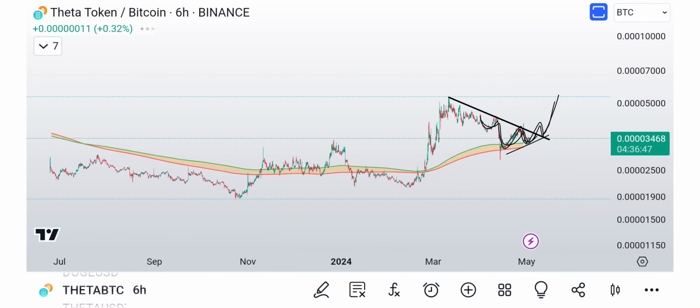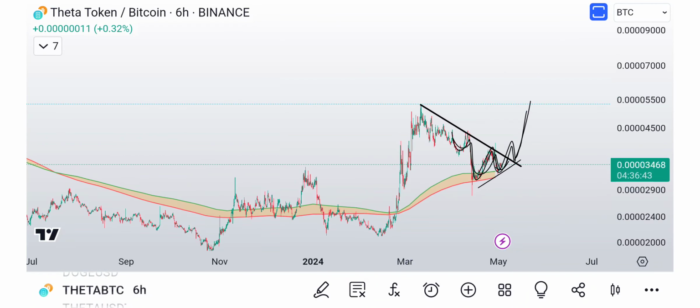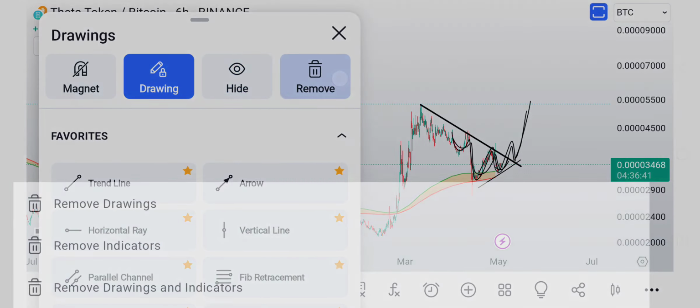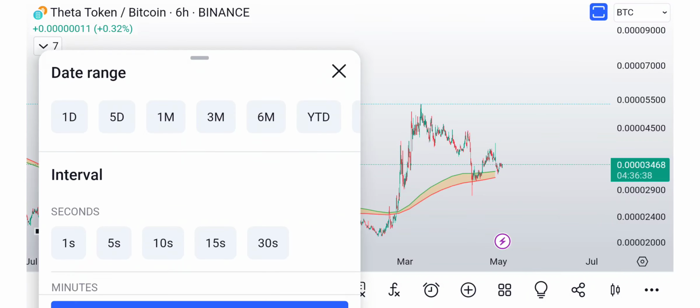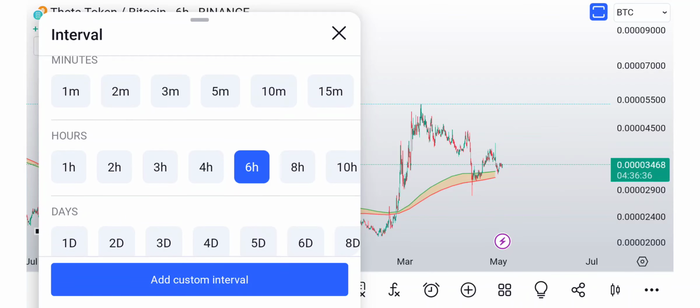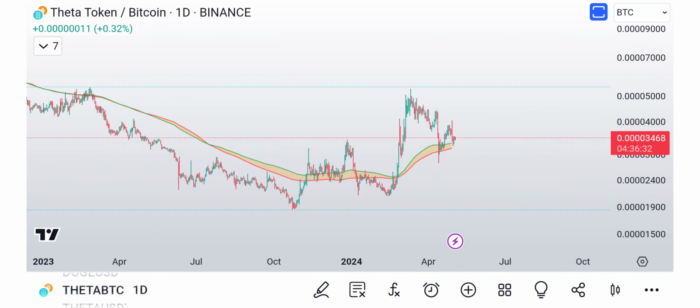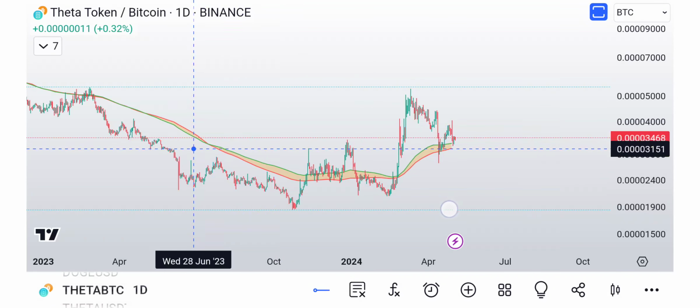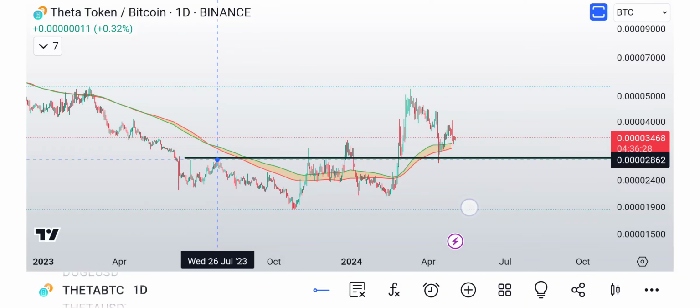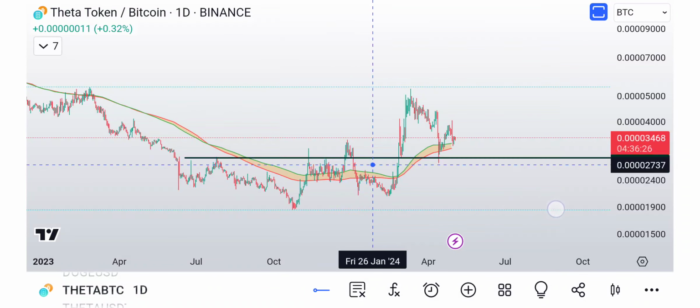And I think Theta versus Bitcoin still has plenty of room to go, because what I really like about it is that Theta versus Bitcoin got to backtest a very key area here, right? We have support here, here.